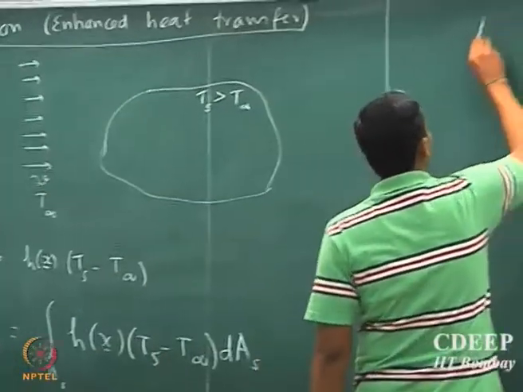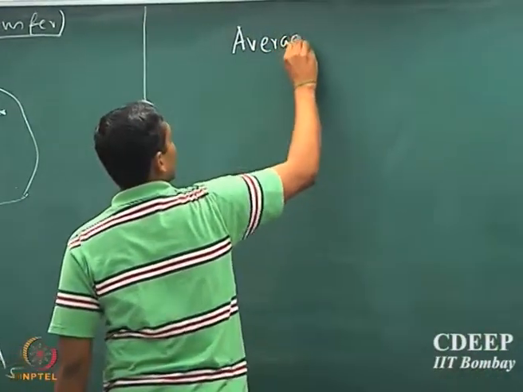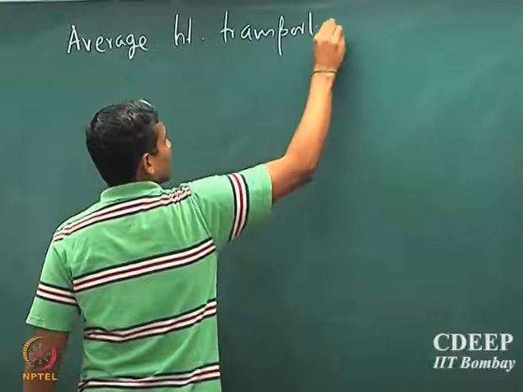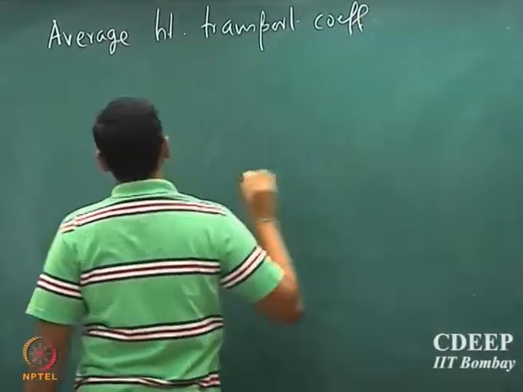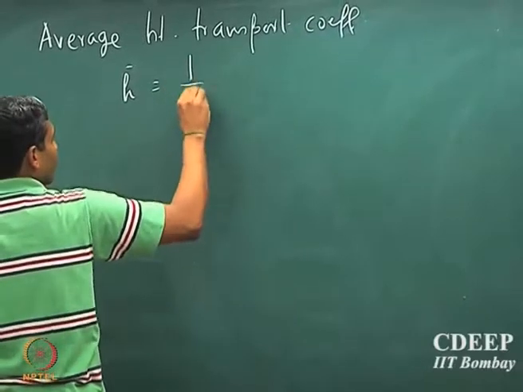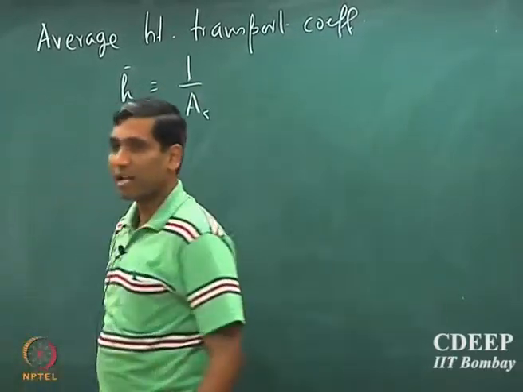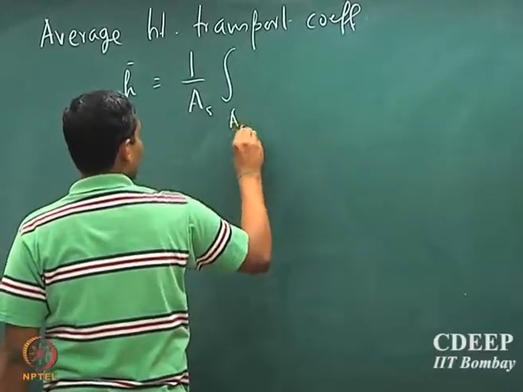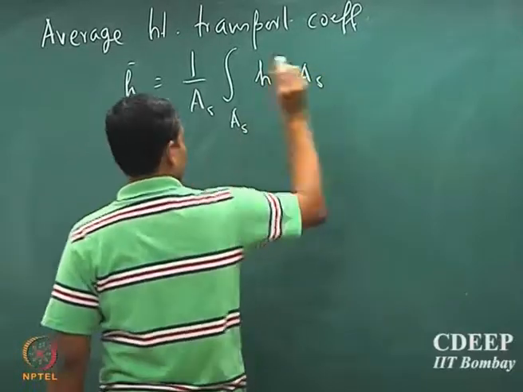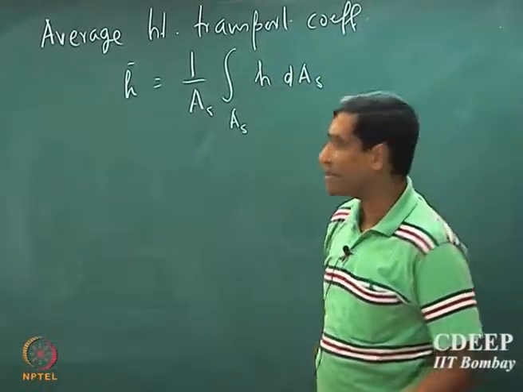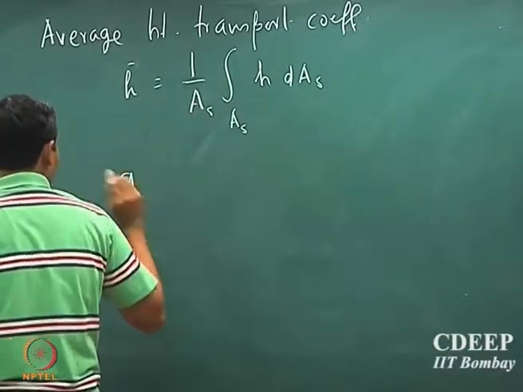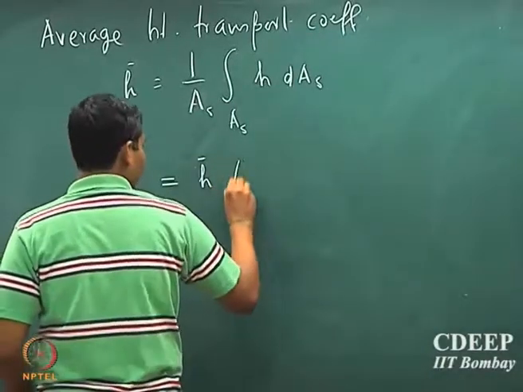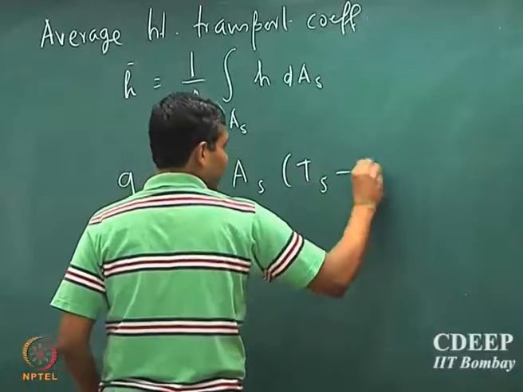Okay. So now if we introduce a definition, note that it's a definition, of average heat transport coefficient, as 1 by As, so that's the area average of the local heat transport coefficient, then we can write the overall net heat transfer rate as simply h bar into As into Ts minus T infinity.